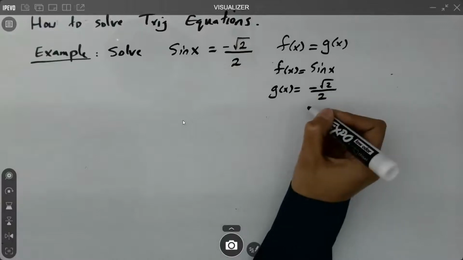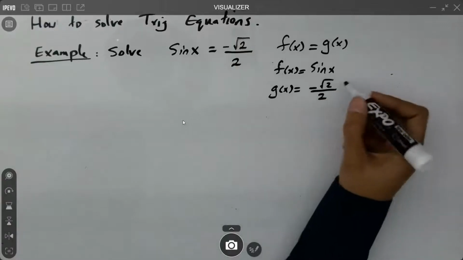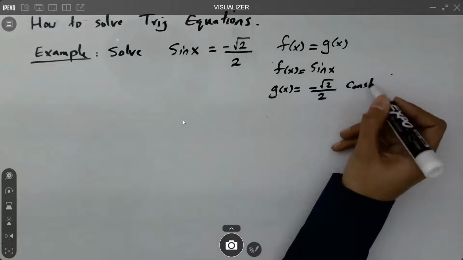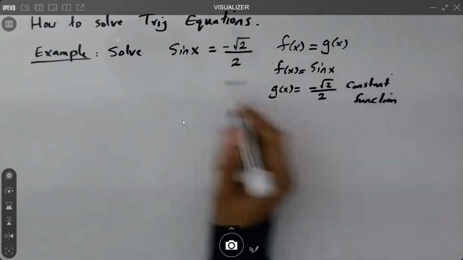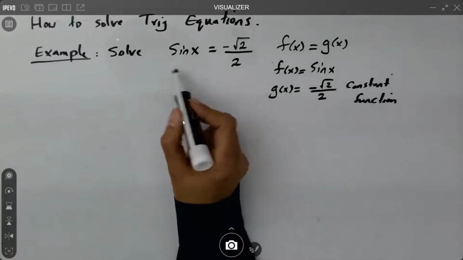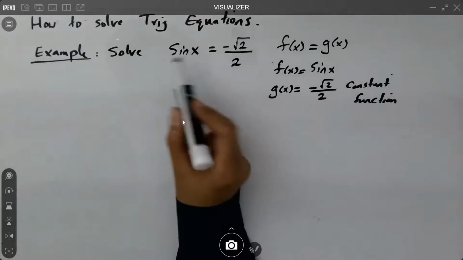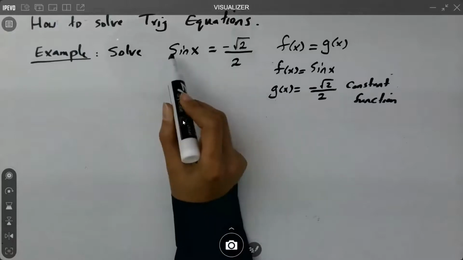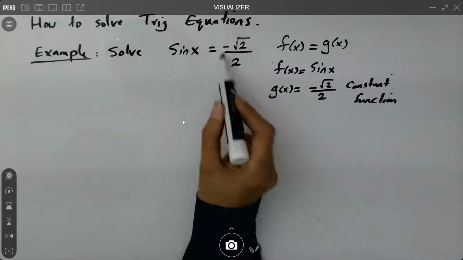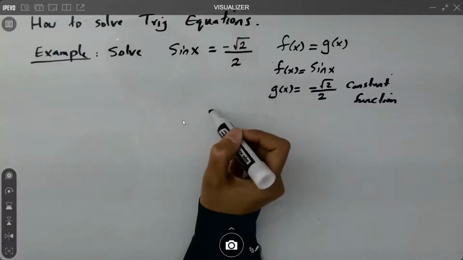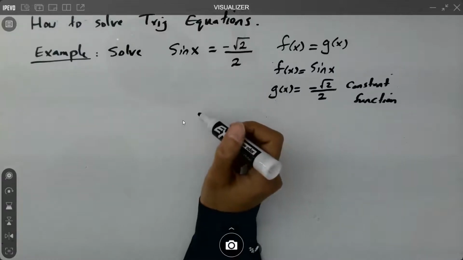Negative square root of 2 divided by 2 is just a number, and we call it a constant function. We are trying to solve this equation. It means that we are trying to find all intersections between these two functions. The first function is the sine function. The second function is a constant function. And as we saw in the graph, there are a lot of intersections between them.